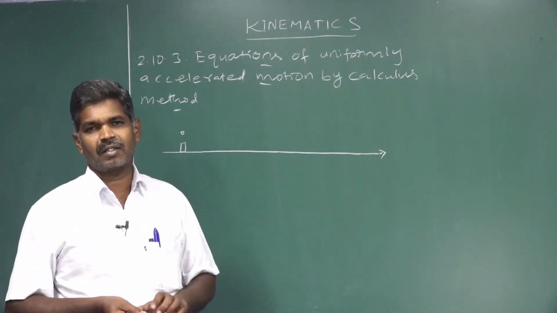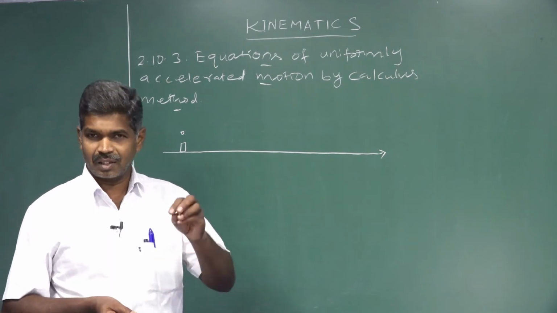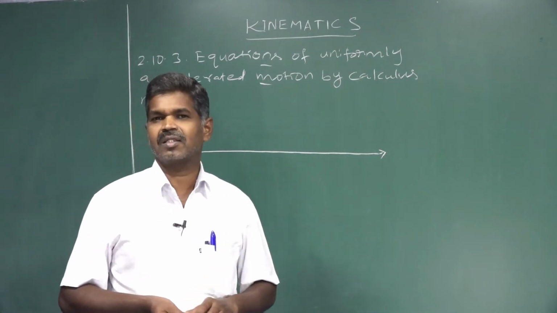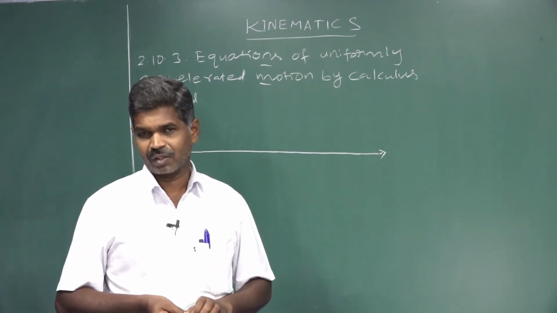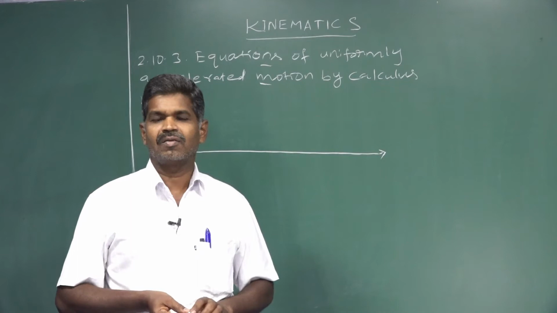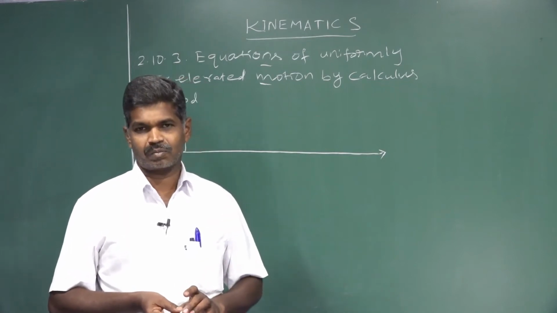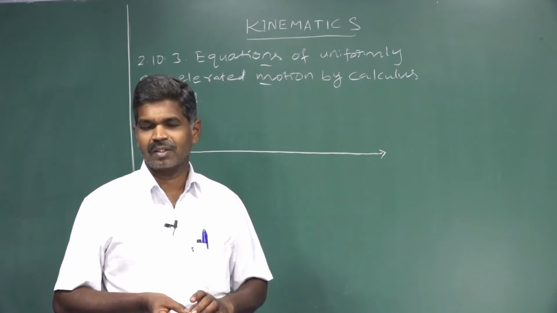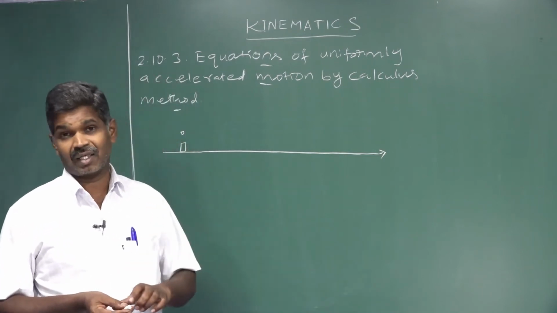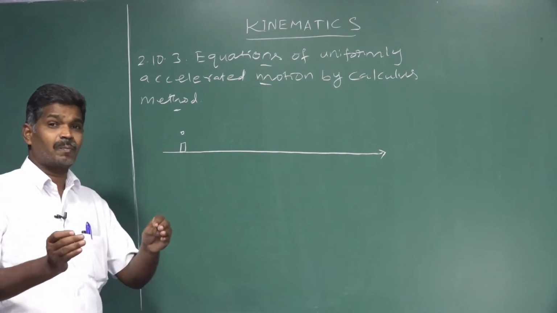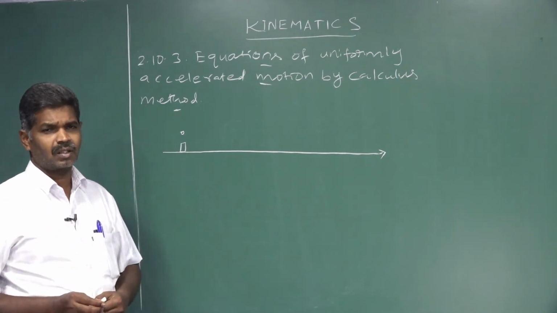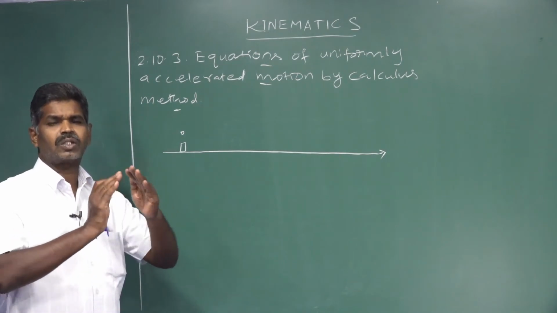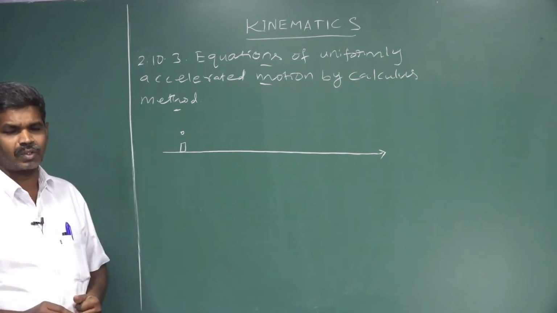If any particle has a displacement and that displacement changes with respect to time, we can say we have a velocity for the particle. If the velocity changes with respect to time, then we can say that we have an acceleration, even though here it is uniform acceleration. Uniform acceleration means change in velocity with respect to time remains constant.